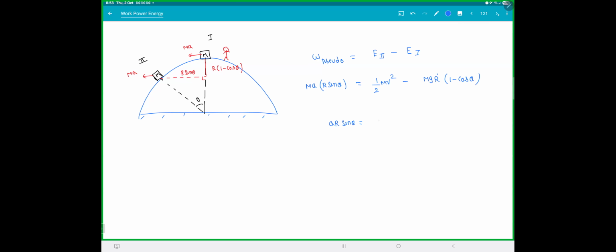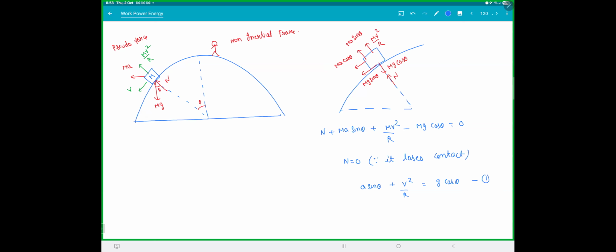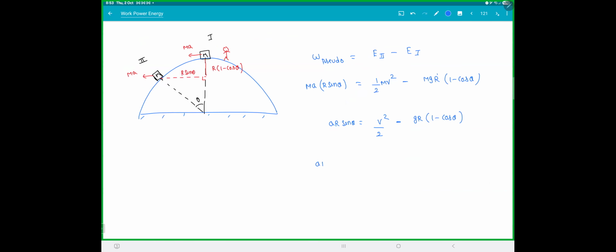You need to find theta, so I need to get v square from here and substitute here. So v square by r, take this and bring it here. ar sin theta.